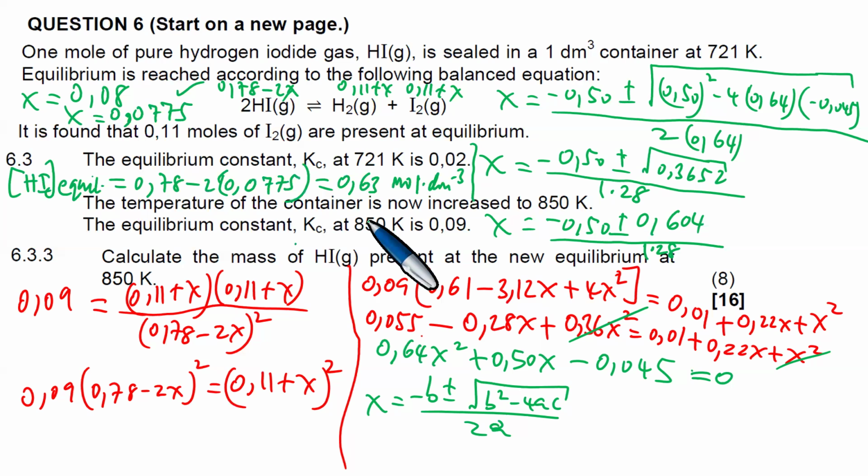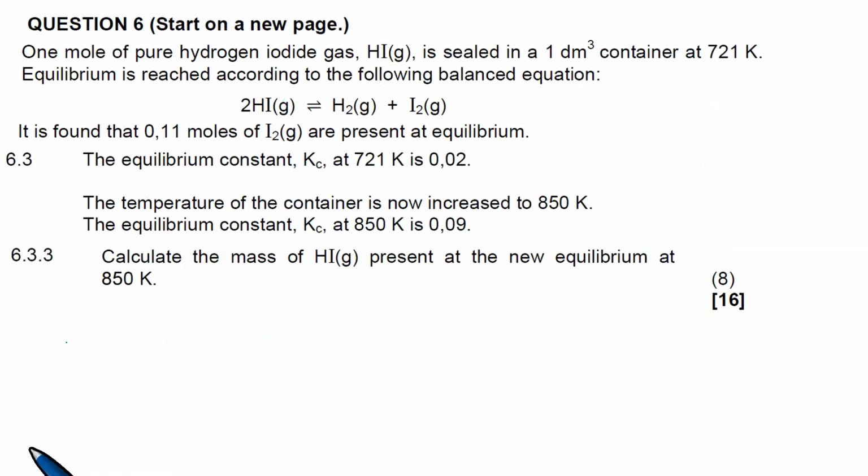Okay. So now, this is the equilibrium concentration of hydrogen iodide at equilibrium. It is 0.63. But we don't want just this. We want the mass.